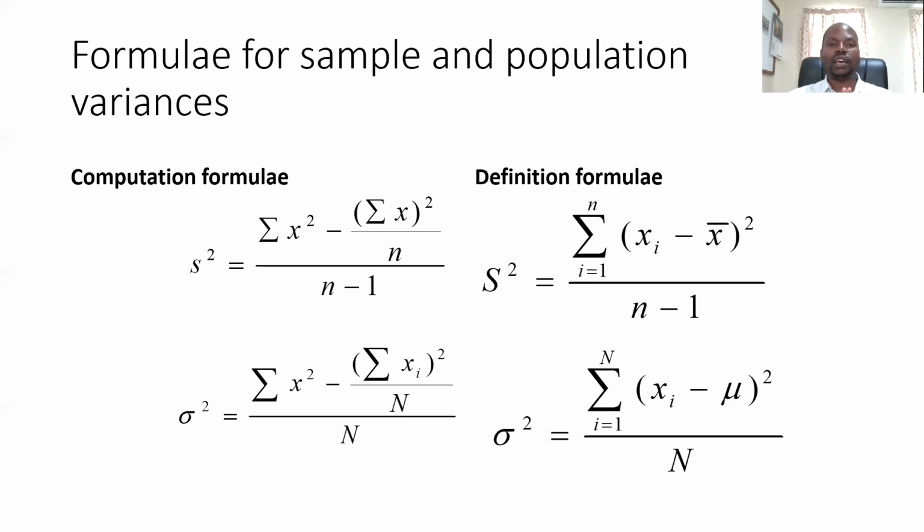We just subtract it from each of the observations that you have been given in that population. And so you divide by n as it is. Here, we normally would subtract a sample mean, and that's an average that has been obtained from the set of observations that you have.